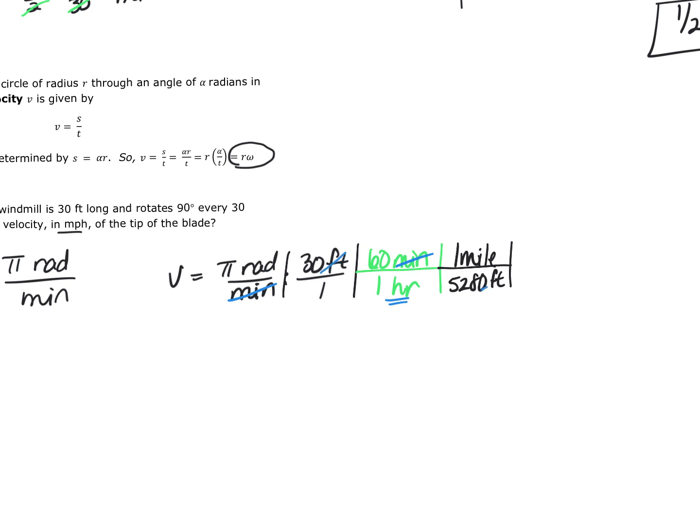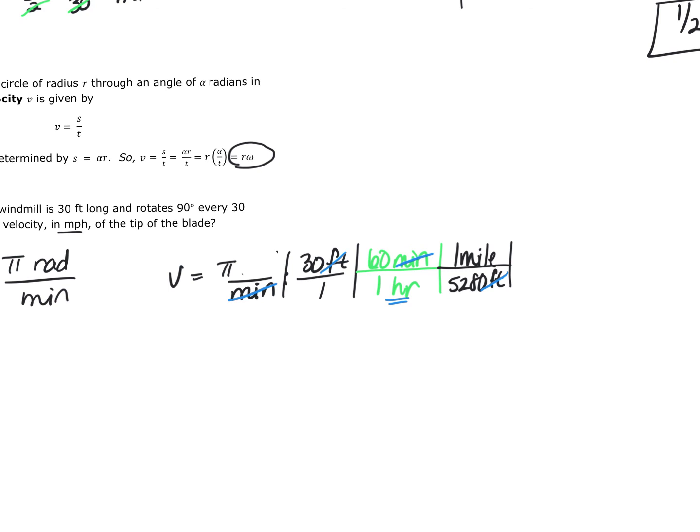That would eliminate my feet. Now remember, arc length no longer has the radians. So when you are doing this multiplication, the radians is no longer an angle measurement, it is an arc length measurement. So that radian is no longer important here.